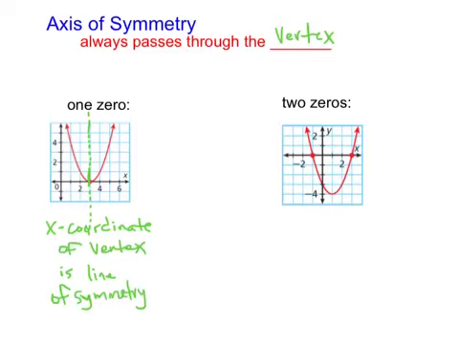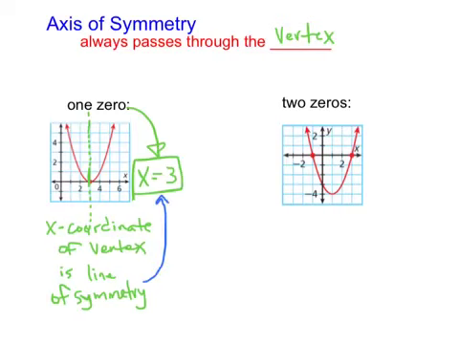Because we know that this zero right here, when x equals 3, is also our vertex. And so it passes through the x coordinate of the vertex, and we can describe this line by the equation x equals 3.